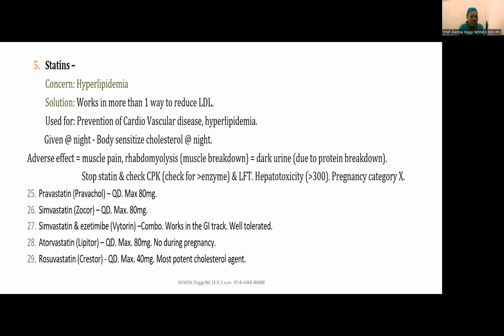Now, there's one more thing I want to add that's not on this PowerPoint. Whenever we put a client on statins, one of the things that we want to monitor is their fat soluble vitamins. I hope you remember ADEK. So if you don't, ADEK, ADEK.